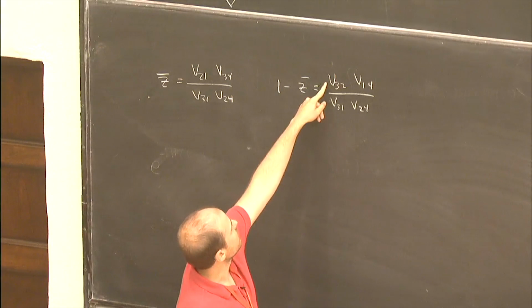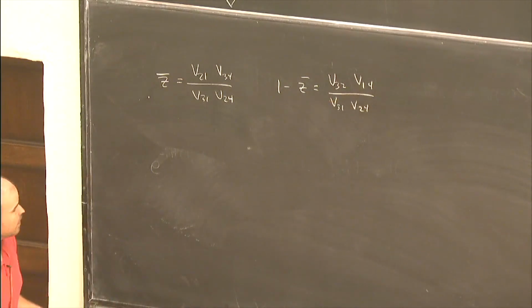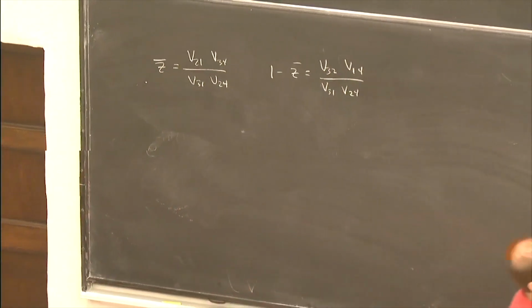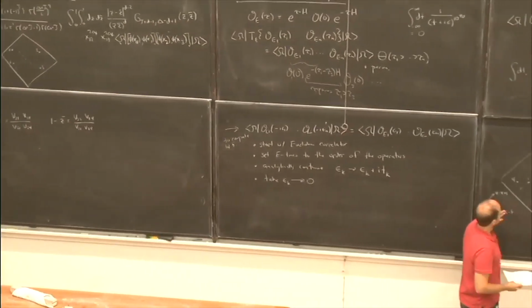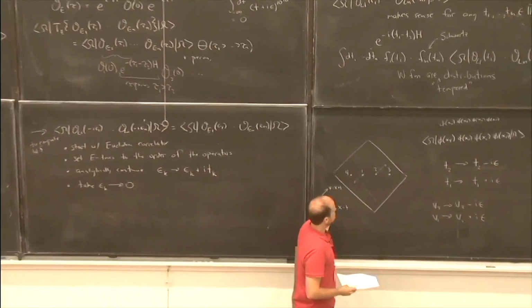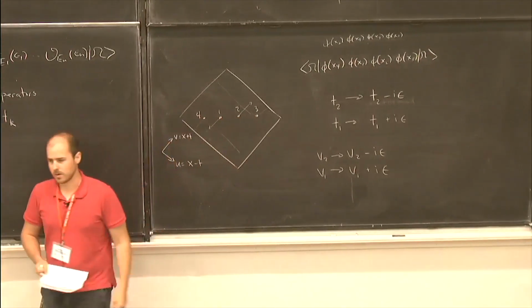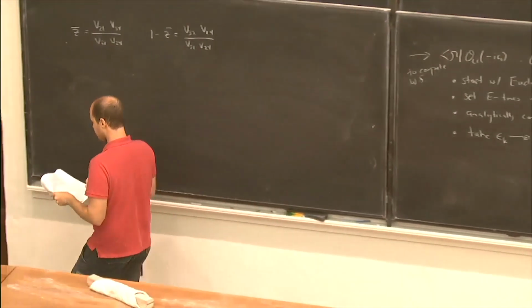But the light cones are going to be visible in these factors in 1 minus z bar. And I also wrote these in such a way that in our initial configuration, all the factors are positive. So the name of the game is going to be to keep track of the phases of everything. Everything's going to start out positive.